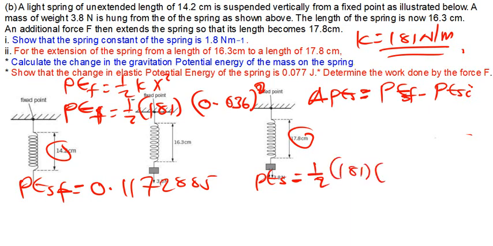So 0.5 times 181, then times 0.021 squared. I'm getting my elastic potential energy to be 0.03991. Confirm.